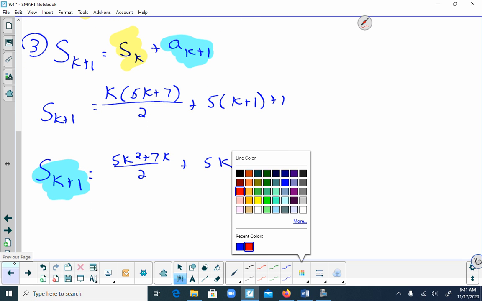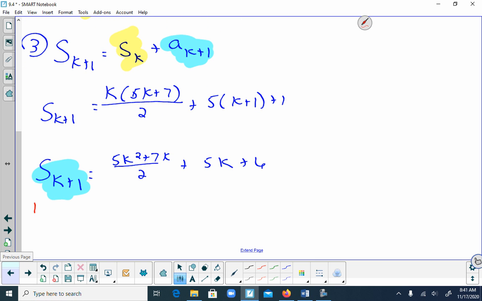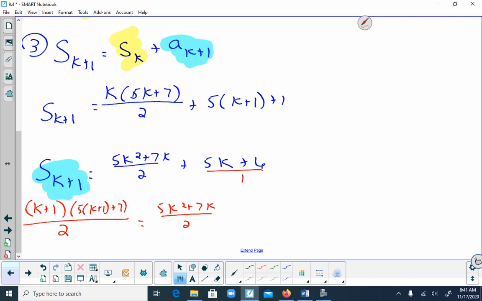So I'm going to do k plus 1 times 5 times k plus 1 plus 7 all over 2. And I'm trying to show that that's equal to 5k squared plus 7k over 2. And then I want to add these, so they have to have a common denominator. This is understood to be over 1, so I'm going to multiply it by 2 over 2.